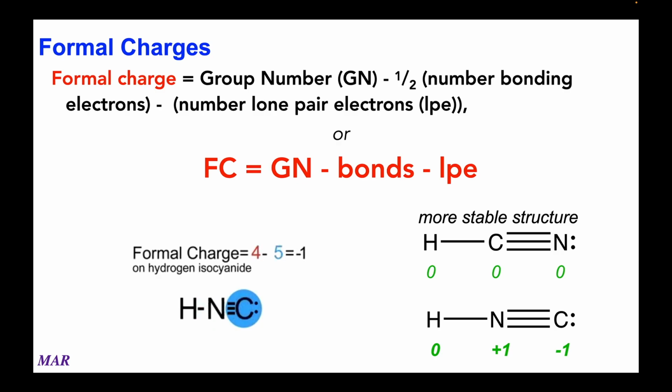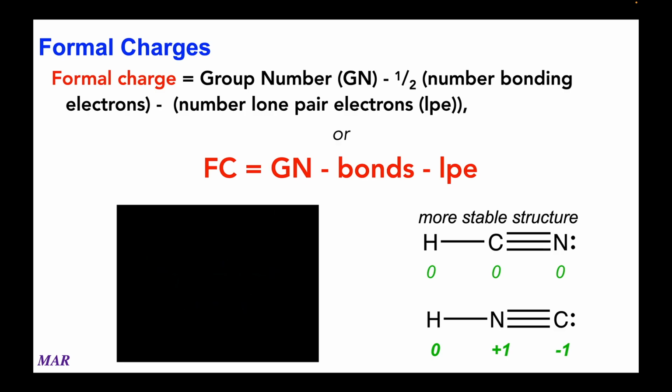In hydrogen isocyanide, the formal charge on carbon is -1. The formal charge on nitrogen is +1. Because the formal charges are non-zero in hydrogen isocyanide, we can predict that this isomeric form is less stable than hydrogen cyanide, as found to be the case. So this is an example of how you can use formal charges to tell what is the more stable structure.